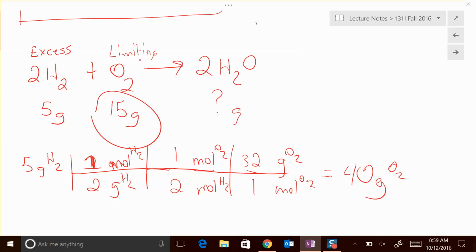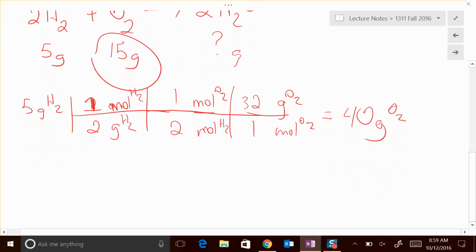So, which one of these, hydrogen or oxygen, is going to determine the amount of water produced? Oxygen, because it is the limiting reagent. The limiting reagent determines the outcome. If I did it for hydrogen, the hydrogen would give me a number above the amount that I would actually produce because it is in excess. So I need to figure it out not using hydrogen, but using oxygen. That's why I need to know which one is limiting, so that I can determine my theoretical yield.